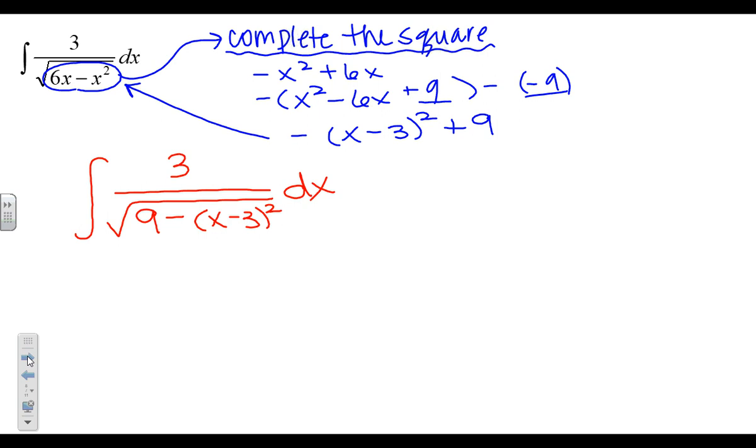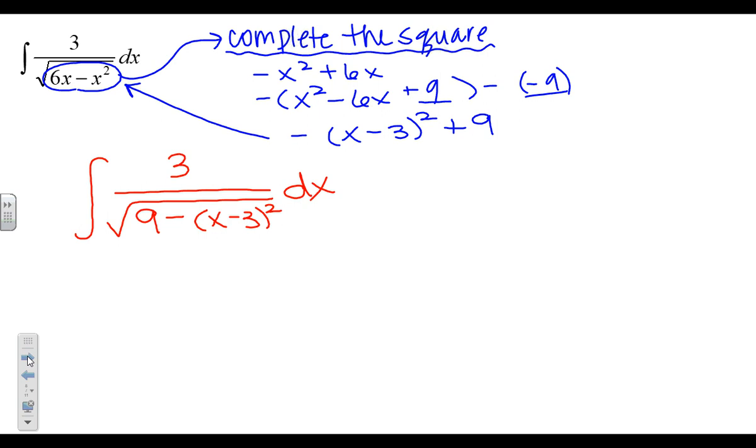Since what is in here is linear and the coefficient of x is 1, we wouldn't have to use u substitution. If this were 2x minus 3 or x squared, then we would have to use u substitution.